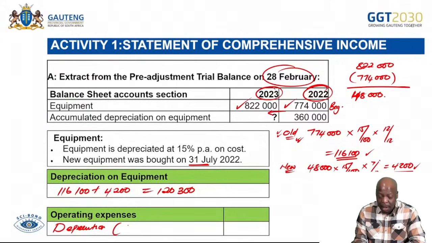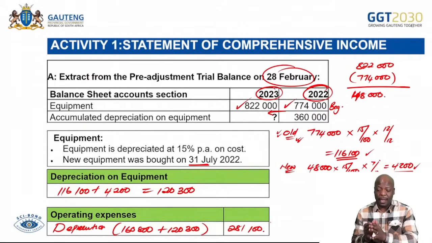I'm opening bracket. Remember, depreciation for the vehicles was 160,800. Then I add depreciation for the equipment, which is 120,300. I close this bracket and I end up with 281,100. That becomes the final figure then.